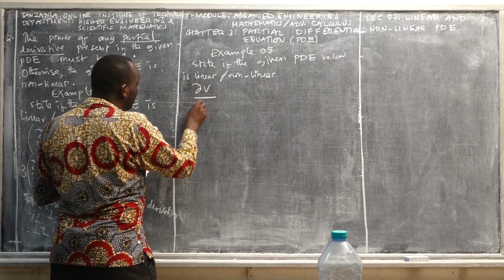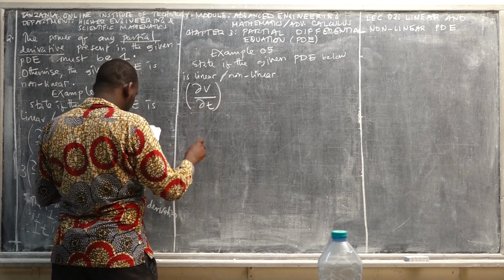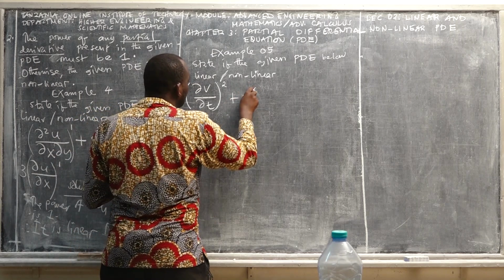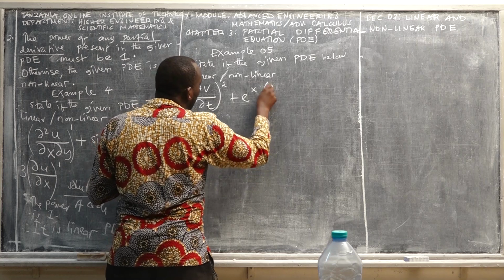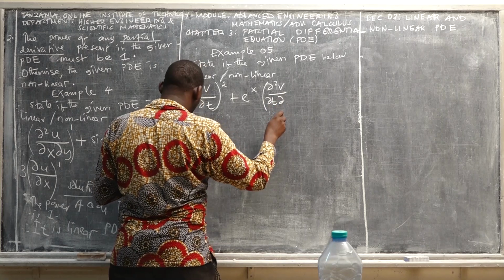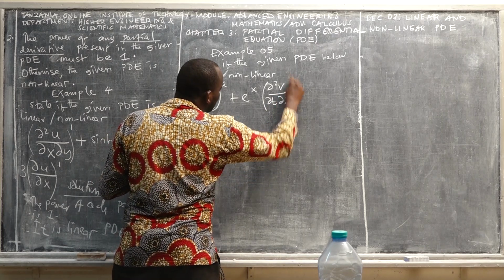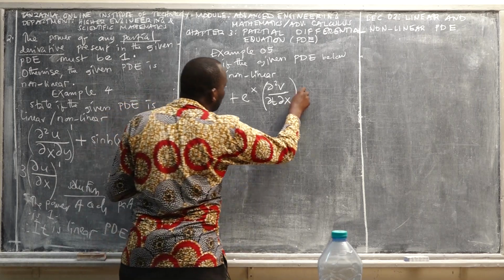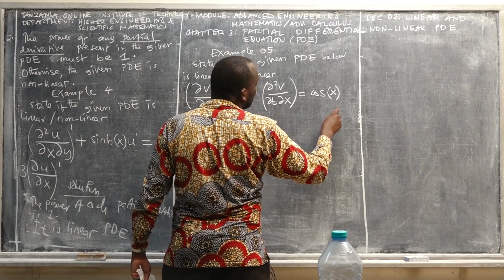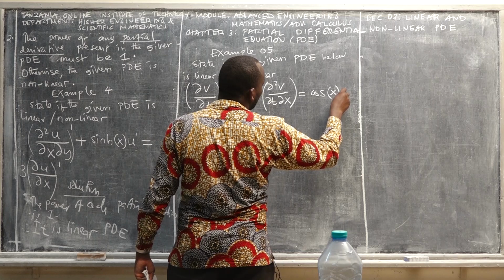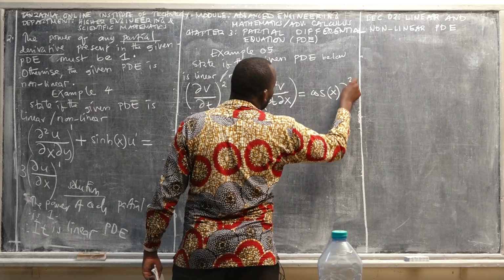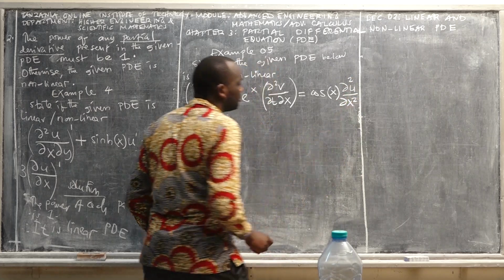Partial derivative of v with respect to t, then we have square plus a power x, then we have our second derivative of v with respect to t with respect to x. Then this one is equal to cos of x. Then we say that partial derivatives of u with respect to x squared.